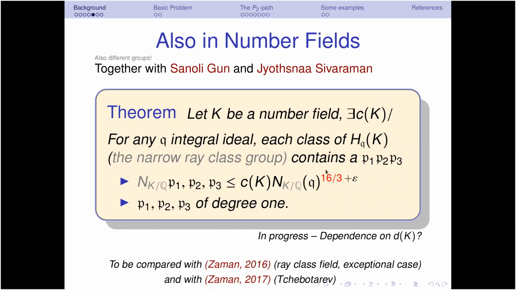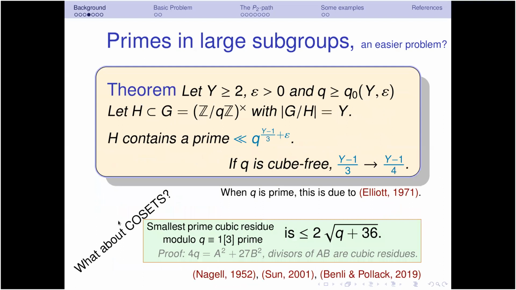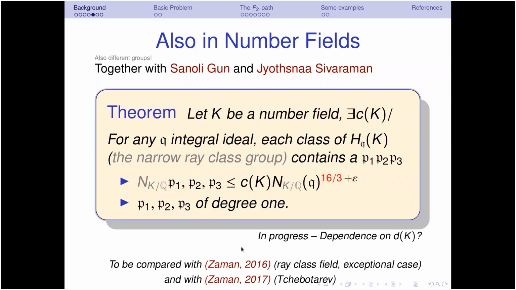And you want each class of this class group to contain a product P1, P2, P3. I'm telling you that because it means that the group that we're looking at is still a finite abelian group, but it's different. And of course, if you want a single prime ideal, you have the work of Zaman, which gives you some exponent like 40 or something like that.